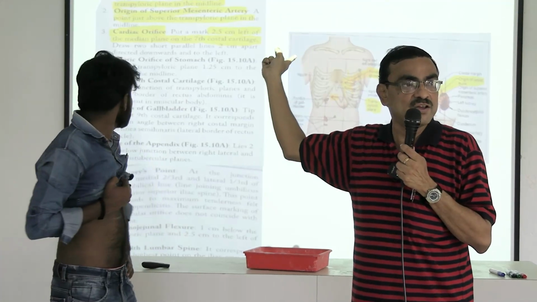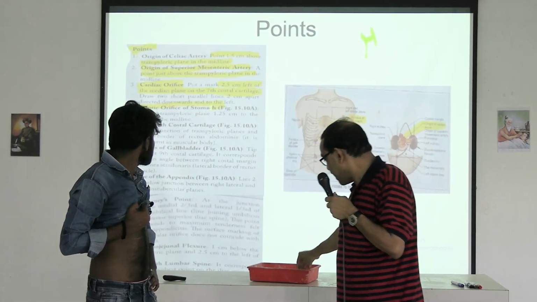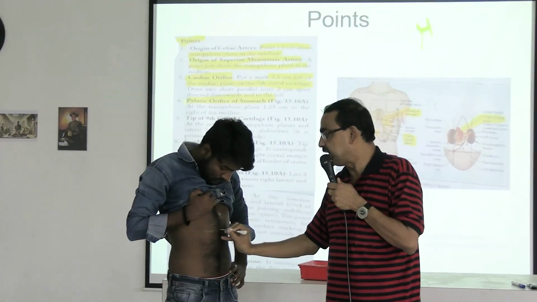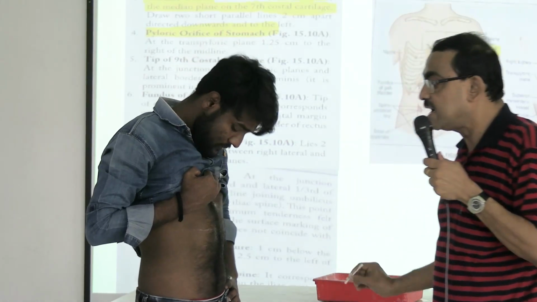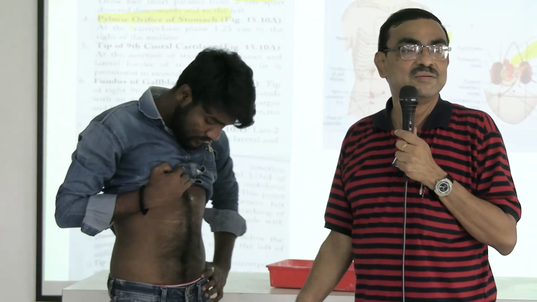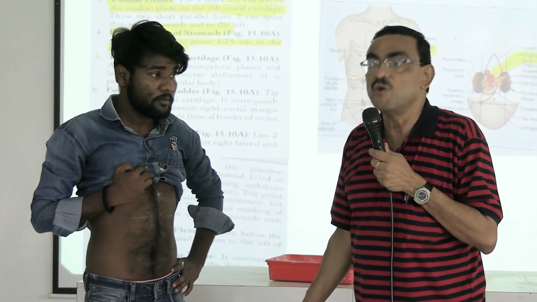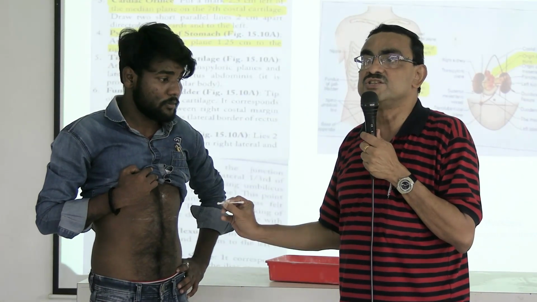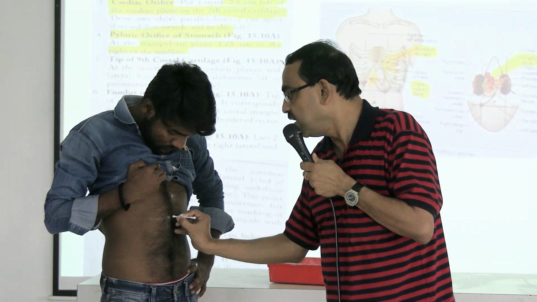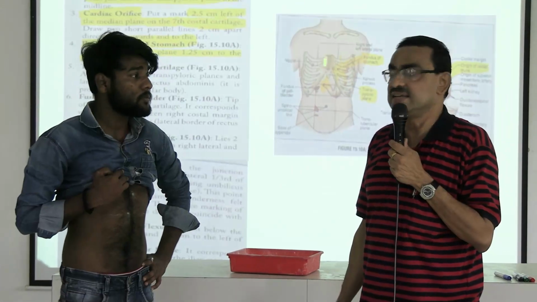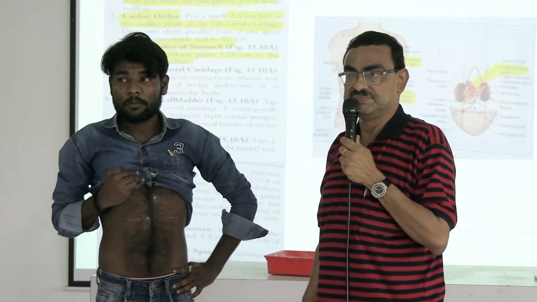Next is, I think, the pyloric orifice, the 4th point. The 4th point is the pyloric orifice. That means it is definitely over the transpyloric plane. Pyloric, transpyloric. How much? It is half an inch to the right of the midline, and it is over the transpyloric plane.